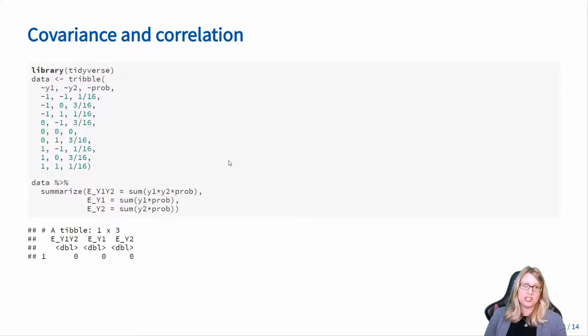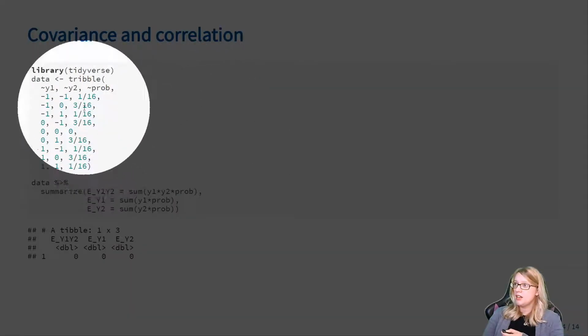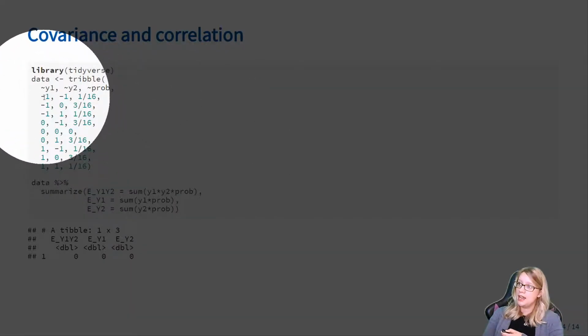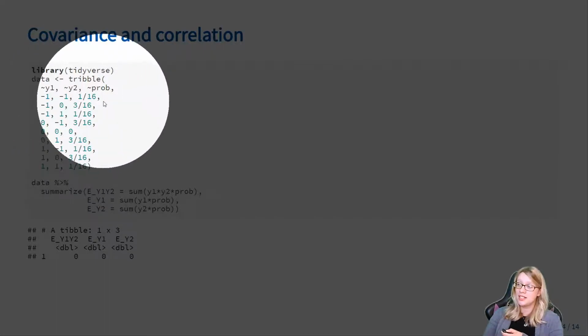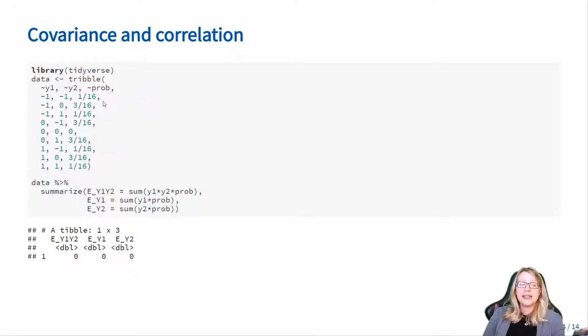It's just the table copied over. It has 3 columns: y1, y2, and the probability. For example, the probability that y1 is -1 and y2 is -2 is 1/16. So this data now has my probability table written in an R understandable form.